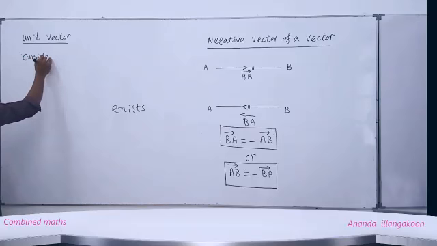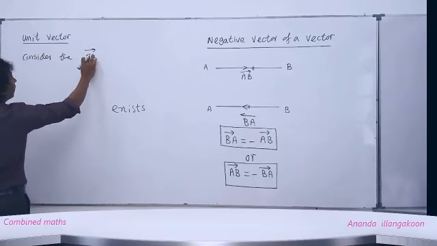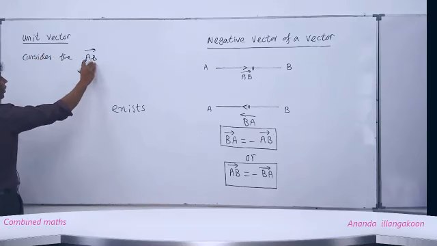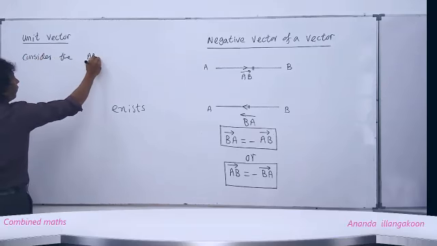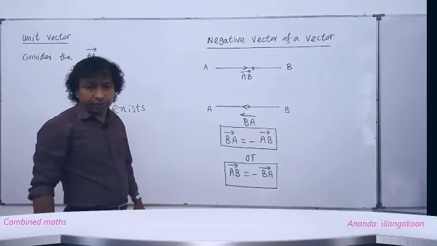Consider the vector AB. Don't write the word vector. We'll write like this. Consider the vector AB.